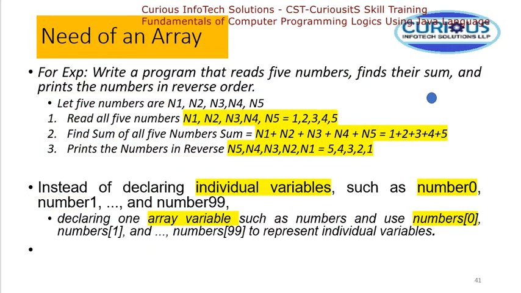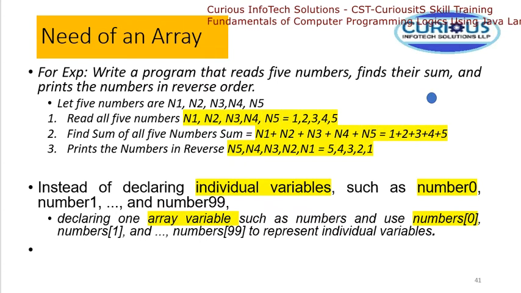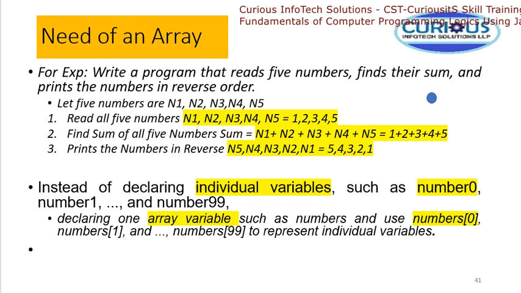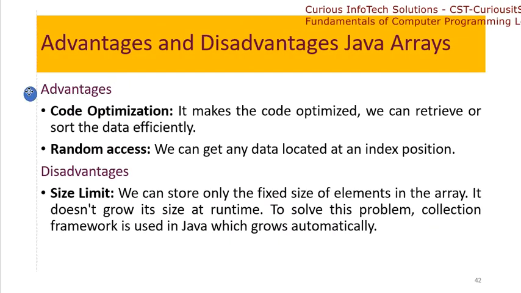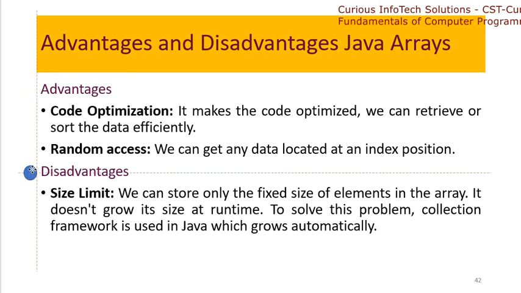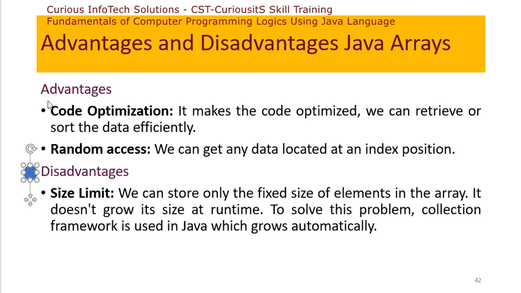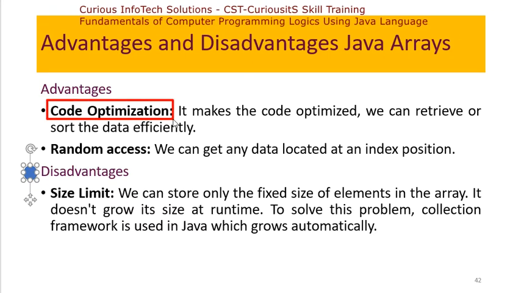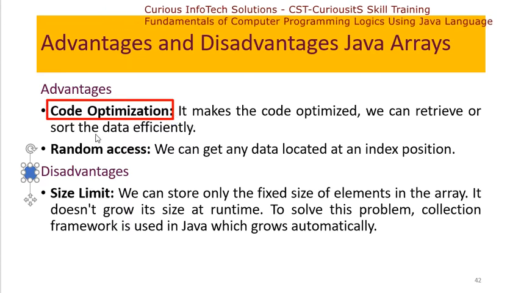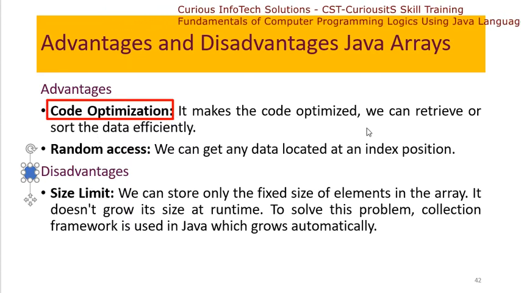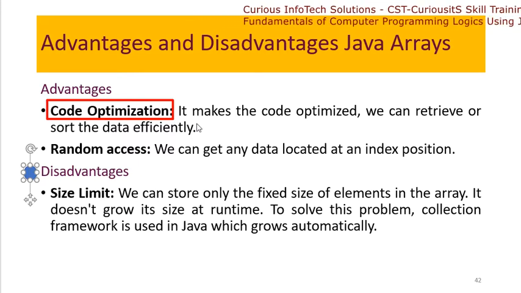Now come to the next important thought in this array. So we can say the advantages and disadvantages. So here I have advantages and disadvantages. Here are the important terms, two are in the advantages, like code optimization. So we can easily think about the optimization in retrieving and sorting this data efficiently.